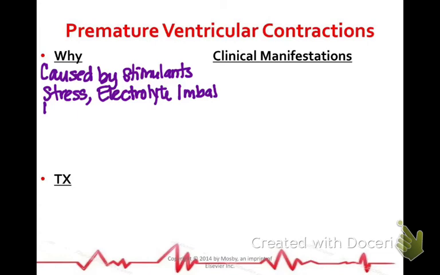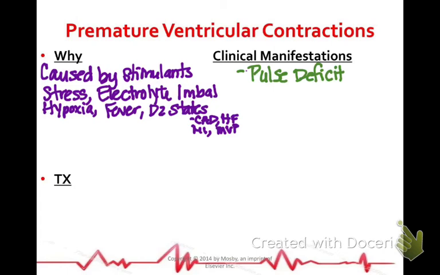So stimulants, stress, and even electrolyte imbalances can cause premature PVCs. Hypoxia, fever, and different disease states like CAD, heart failure, MI, mitral valve prolapse, MVP. So all of those things can cause PVCs.